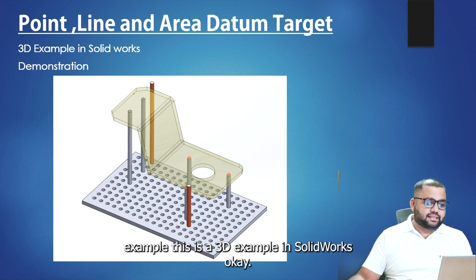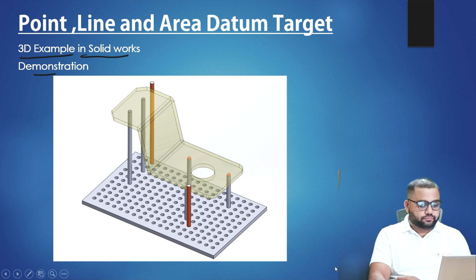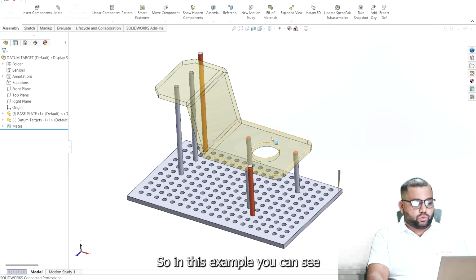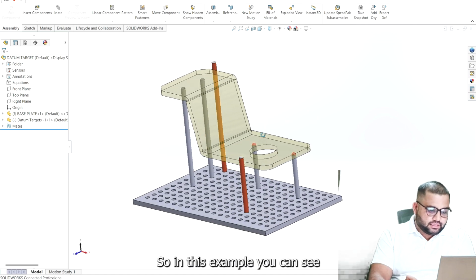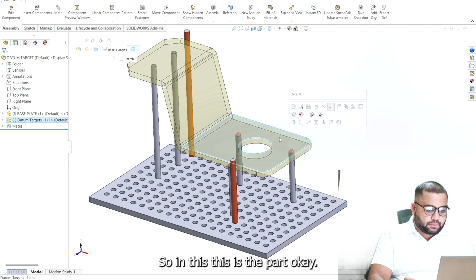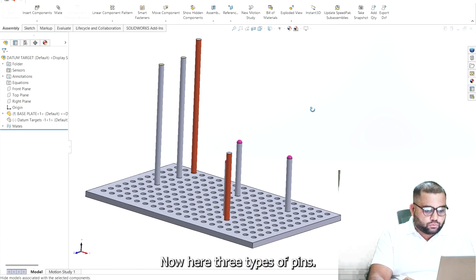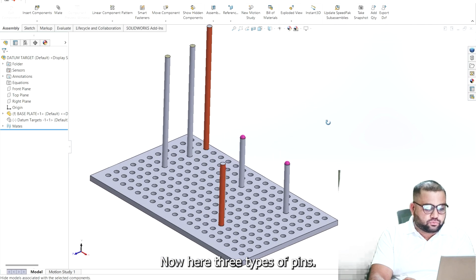So in this example, this is a 3D example in SolidWorks. I will show you in a very detailed manner. This is the example I have taken. This is the part. First of all, I will remove the part from here. Now, here you can see three types of pins.